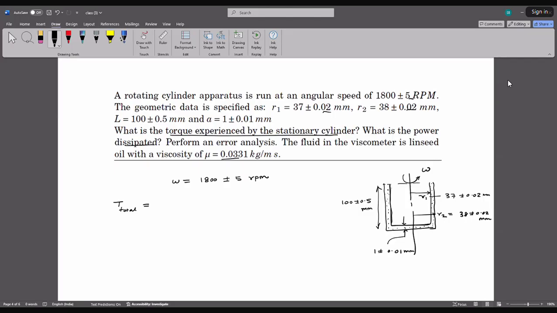So this will be mu times pi omega R1 square times 2 R2 L over B plus R1 square over 2A.